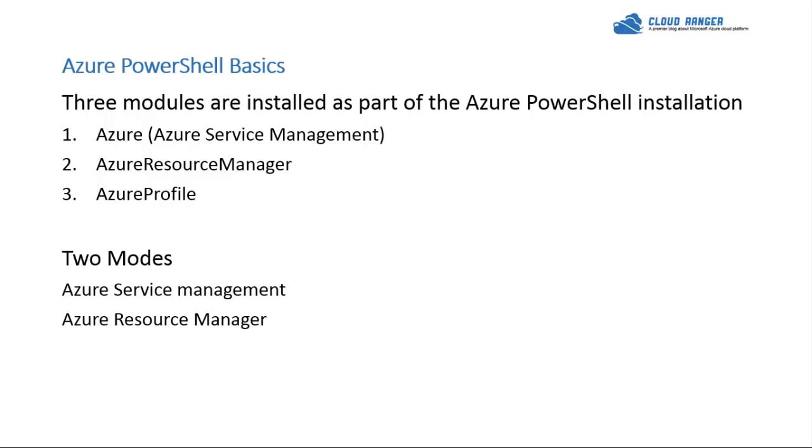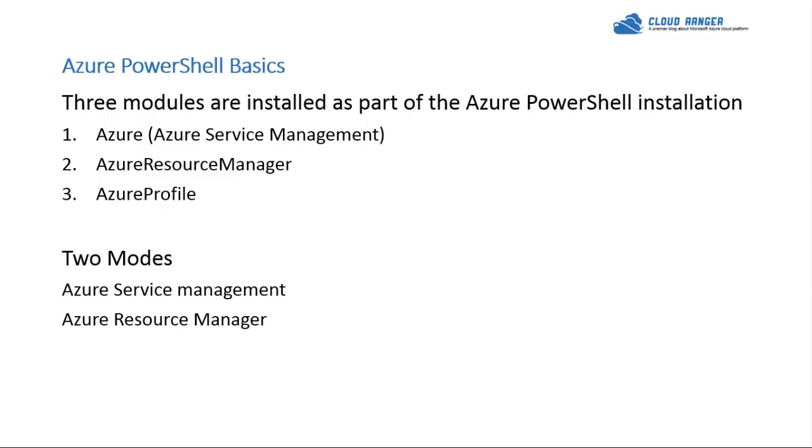For the subscription connection from Azure PowerShell, you can only use Azure Service Management mode when you are connected with the certificate method. You cannot run the Azure Resource Manager mode when you are using the certificate method to connect to your subscription.